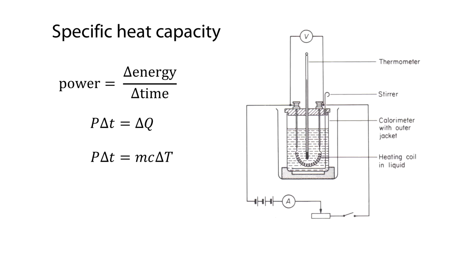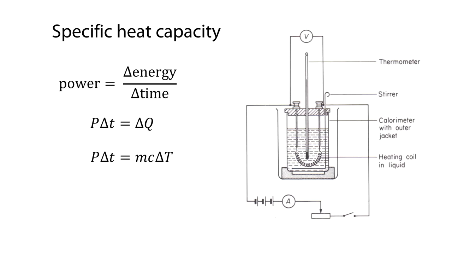So if you have a certain power, 10 watts for 10 seconds, 10 times 10 equals 100, so that's 100 joules. So you can replace ΔQ in our equation with PΔt. So if you know the power of the power source, you know how many joules per second it's transferring, and you can time how long you're transferring that for, Δt, little t, the time taken, then you can put that in place of ΔQ.